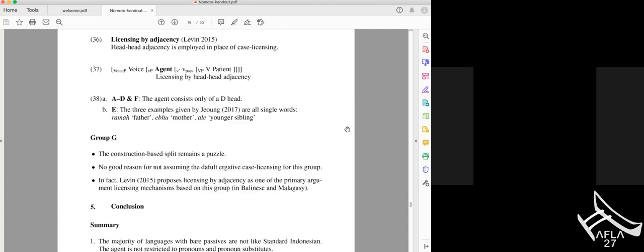And if you look at A through D and F, the agent consists only of a D head, and for E, the agent involved only consists of a single word. So this seems plausible. For group G, I really don't have any idea why this happens in the first place or how to explain it.